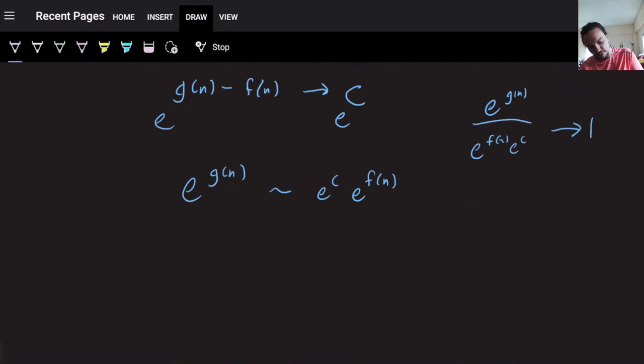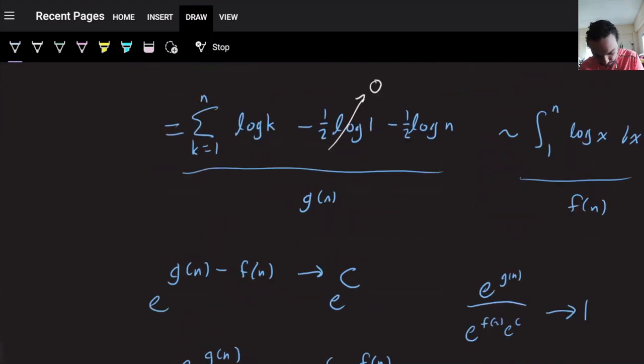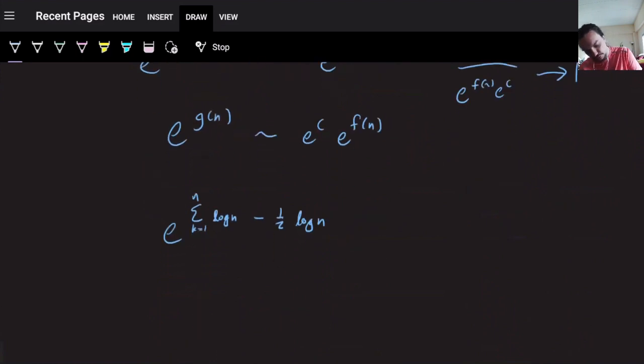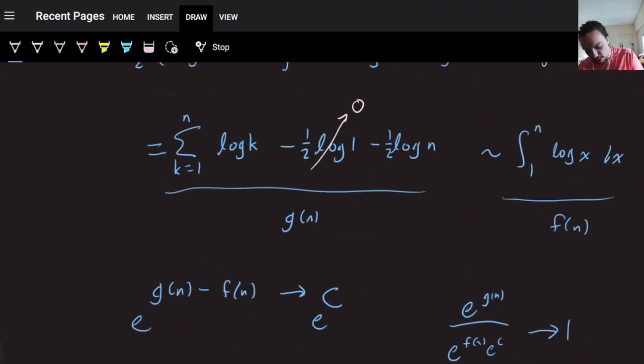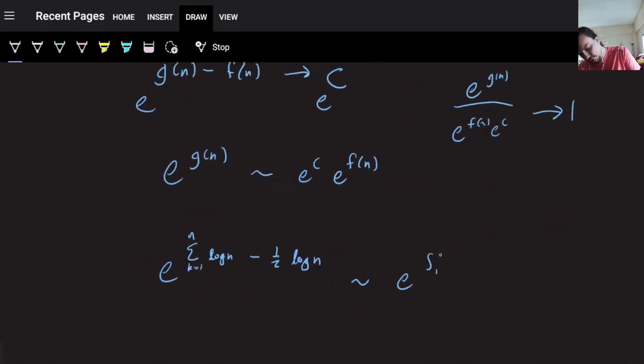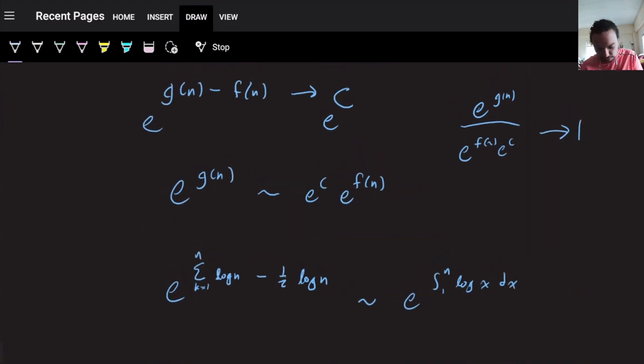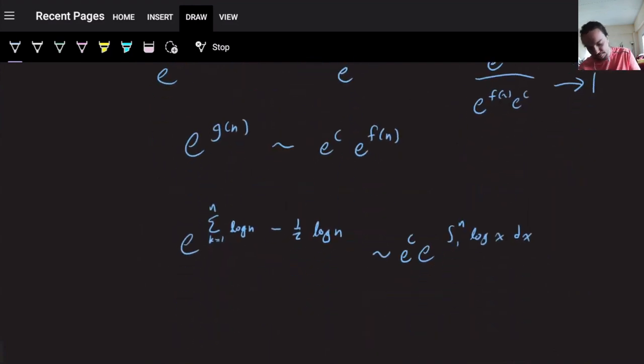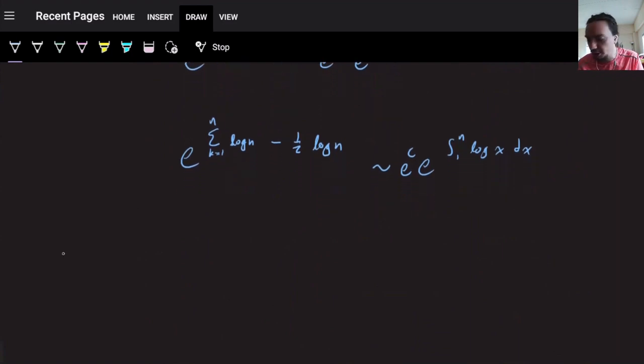So e to the sum of k equals 1 to n of log k minus 1/2 log n is twiddle e to the integral from 1 to n of log x dx, e to the c. Okay, c is just a constant. We don't know what the constant is.